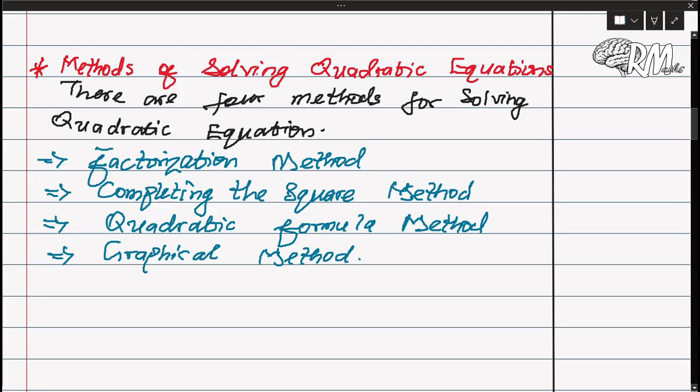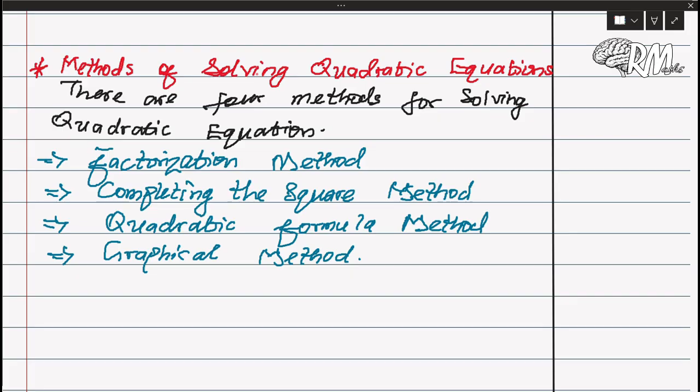Now you should take note that these are the 4 major methods for solving quadratic equation. The factorization method is known to be the simplest and the easiest method in solving quadratic equation. Then we also have the completing the square method, which is also easy and simple too. Then we have quadratic formula method.